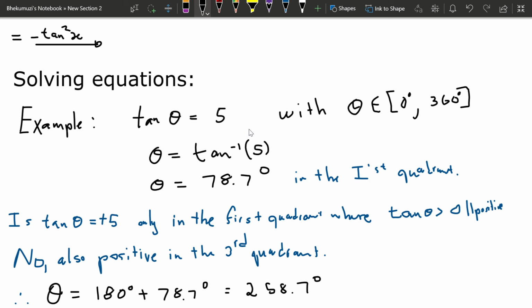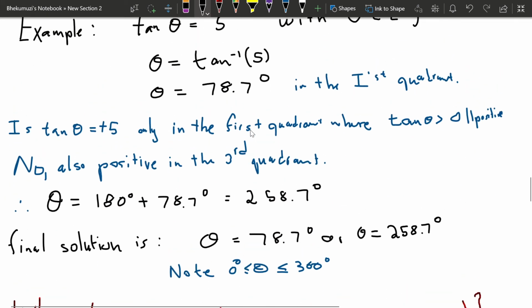The answer is no. It is also positive in the third quadrant, correct? The third quadrant is basically 180 plus that angle, so we would say 180 plus 78.7 degrees, which gives us 258.7 degrees, and that would be a solution.